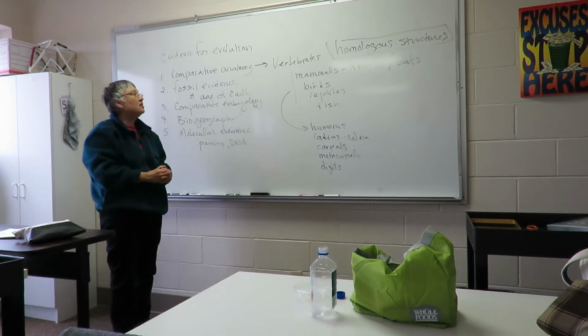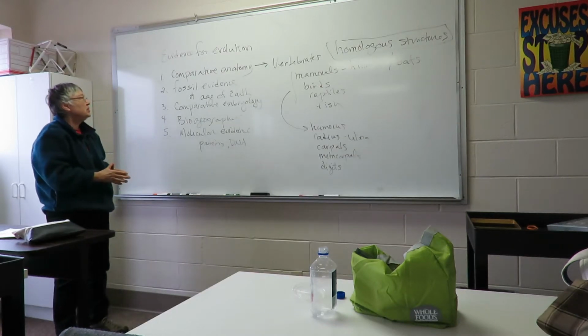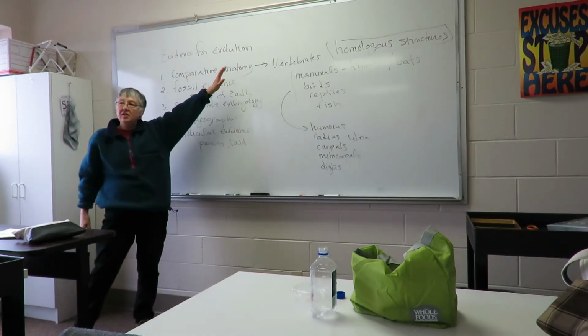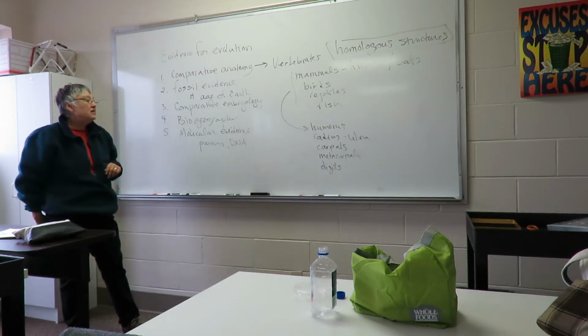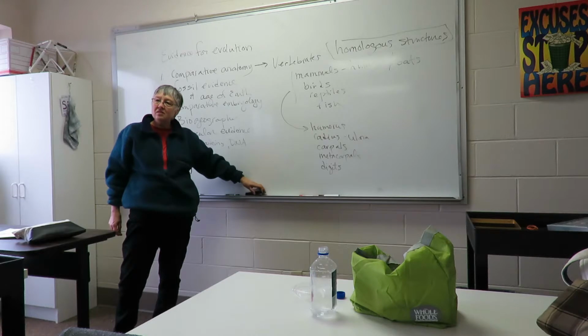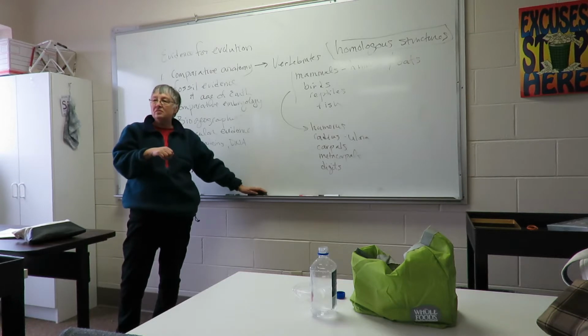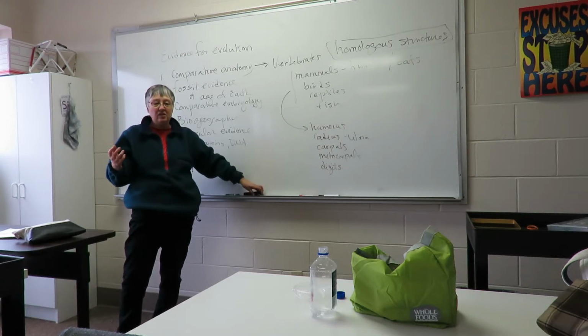Now, another argument that Darwin brought up in his book, The Origin of Species, that falls under the category of anatomy, is the presence of structures that are called vestigial. So these are structures that don't have a function in the organism that we see them in.